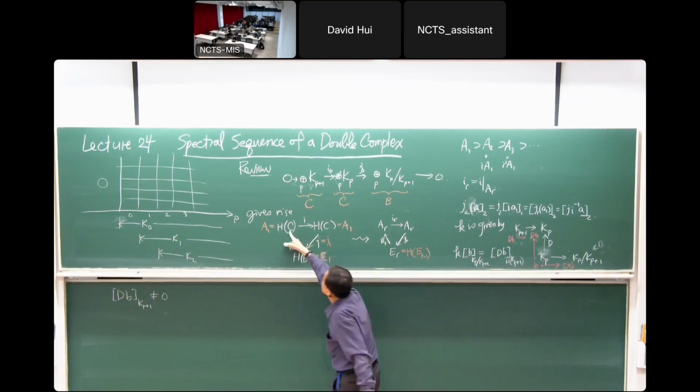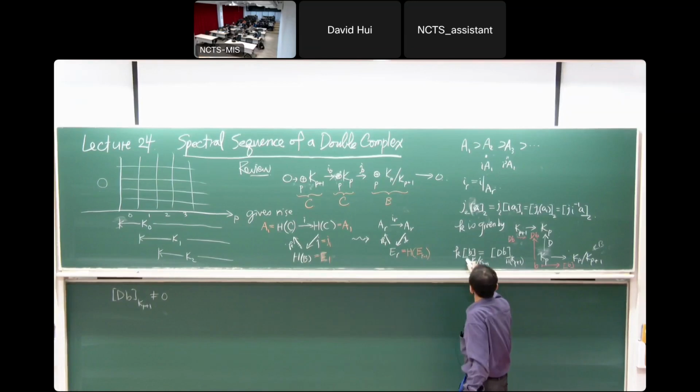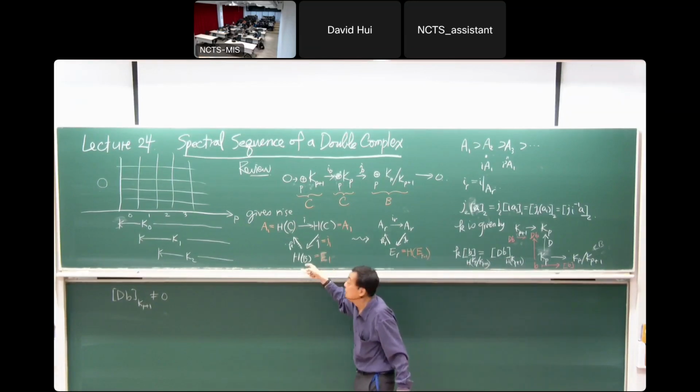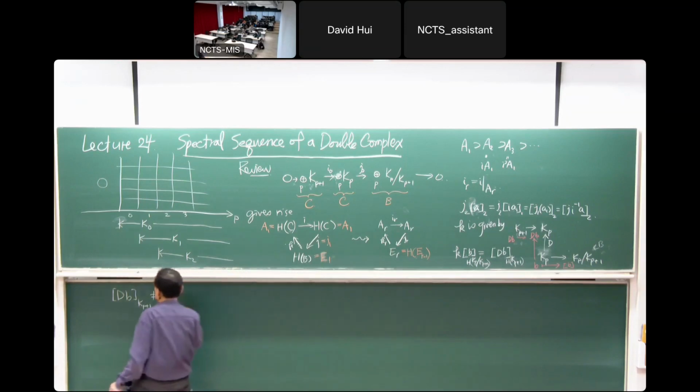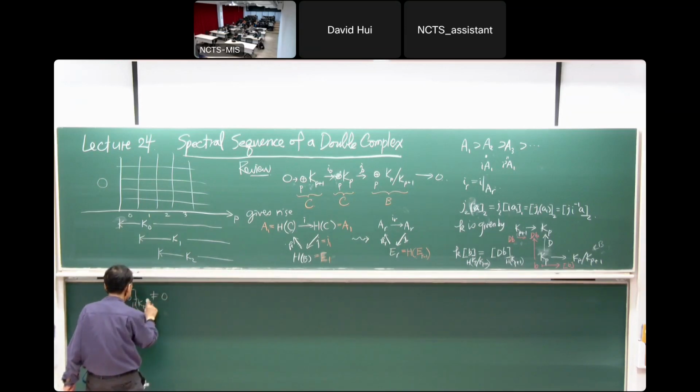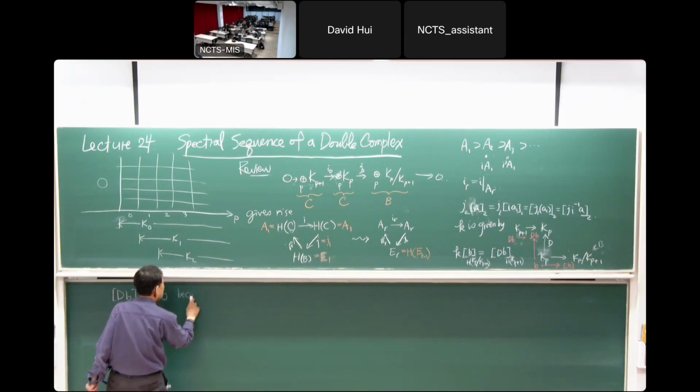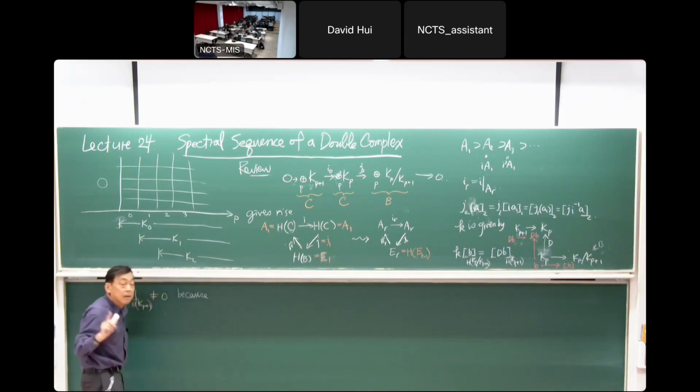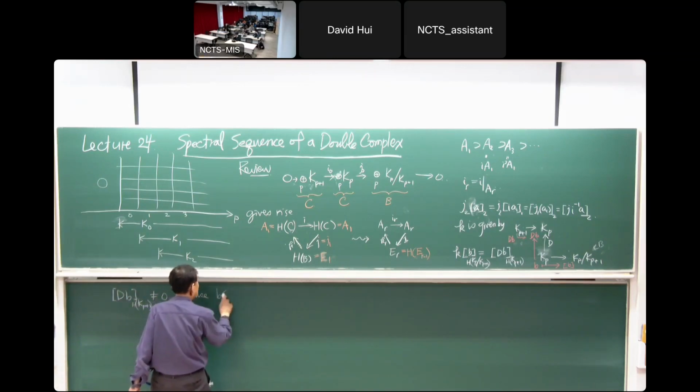It's in this. This is the homology in here, okay? But this is not 0 because b is in K_p, okay?